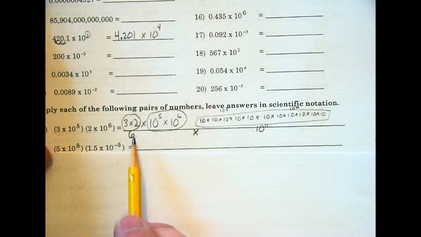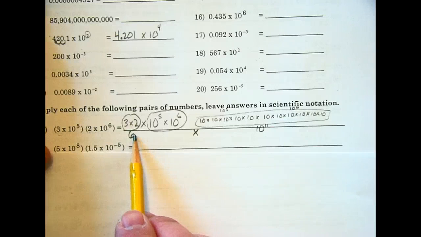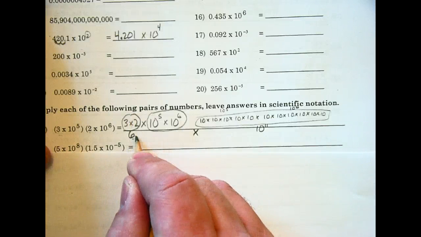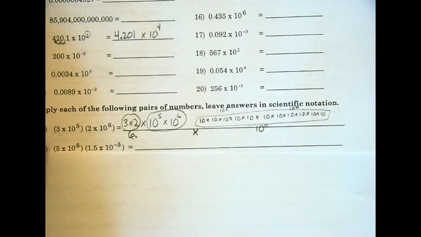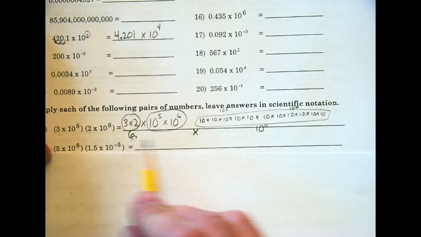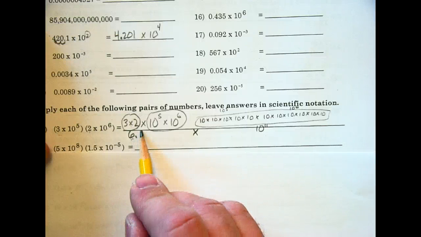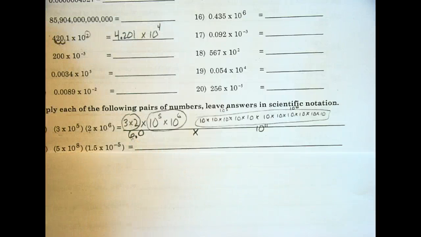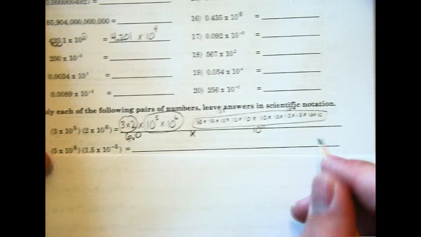It works like that because this number is between 1 and 10. Remember, our decimal's right here. To be in scientific notation, that first number has to be greater than or equal to 1 and less than 10. So 6.0 or 6. We usually put a 0.0 after it if it's just a whole number. So 6.0 times 10 to the 11th would be our answer.